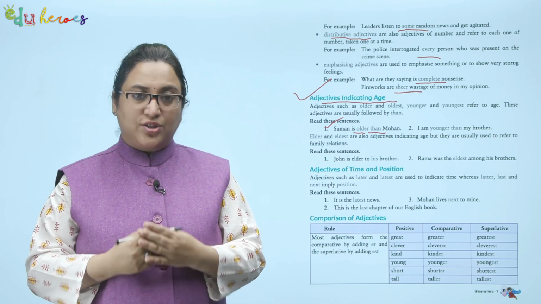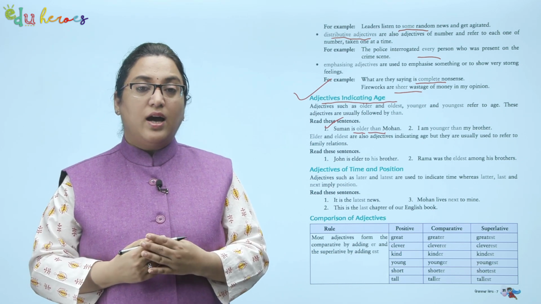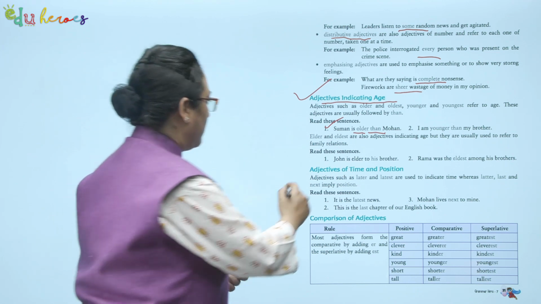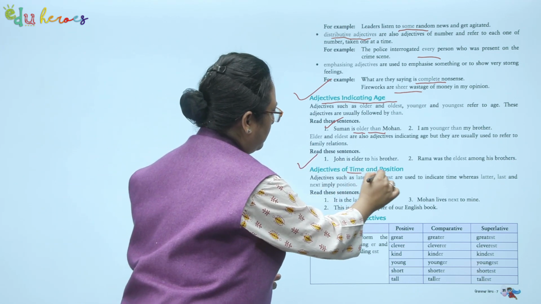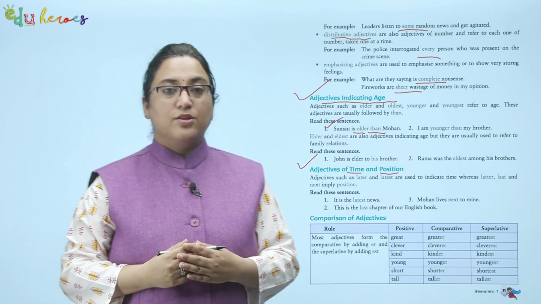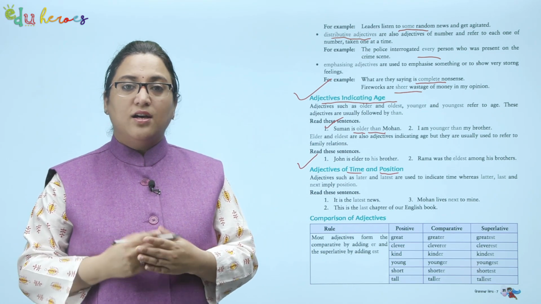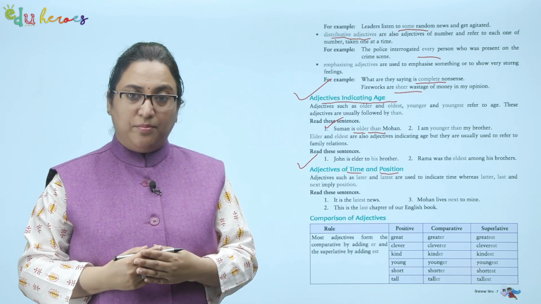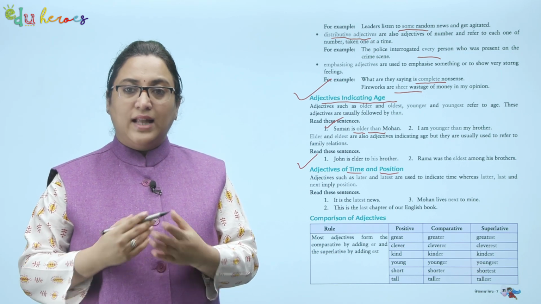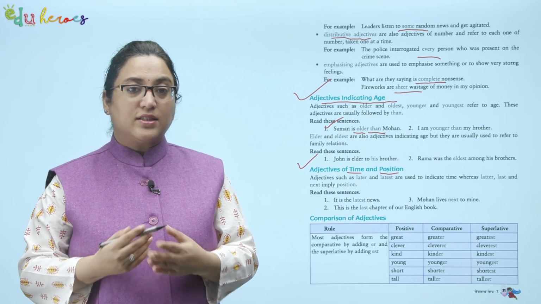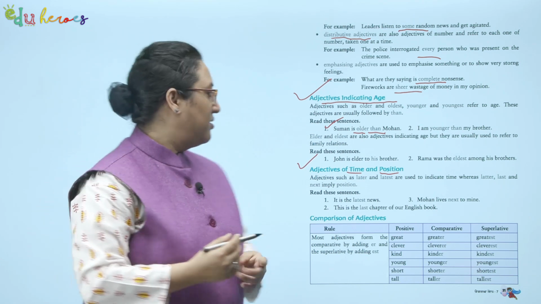We also have adjectives of time and position. Children, adjectives such as later and latest are used to indicate time, whereas latter, last and next imply position.